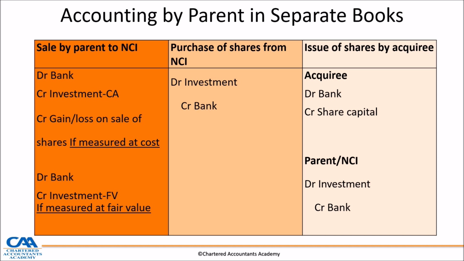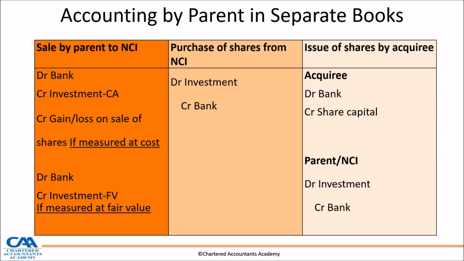NCI, what does NCI do? Purchase of shares from NCI. The parent in this case increases the investment and credits back, so we purchased. If there's an issue of shares by the acquiree, what it means is that the acquiree is the one that has caused the change. We call that an indirect change.